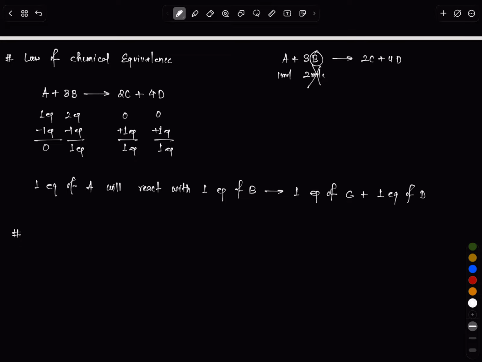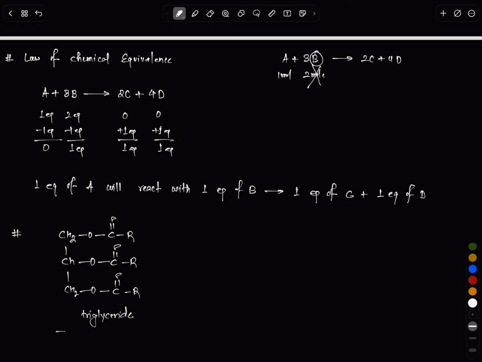So the triglyceride is CH2O, C double bond O R, then CHO, C double bond O R, then CH2O, and then here C double bond O R. This R is basically an alkyl group that may be same or different. So this is basically your triglyceride.